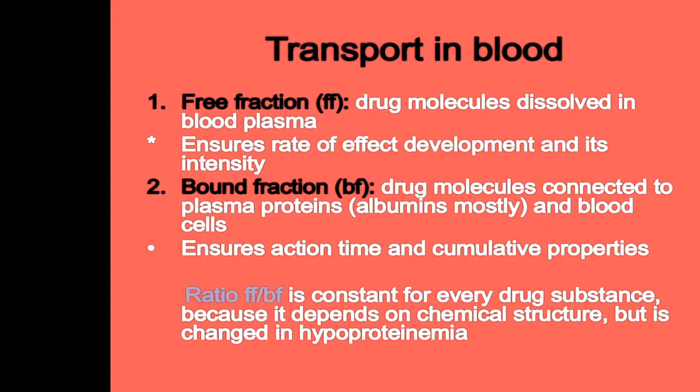In hypoproteinemia, free fraction is increased because not enough of proteins. But with increase of free fraction, action is increased. That's why it's very important to control amount of proteins in blood in every patient.